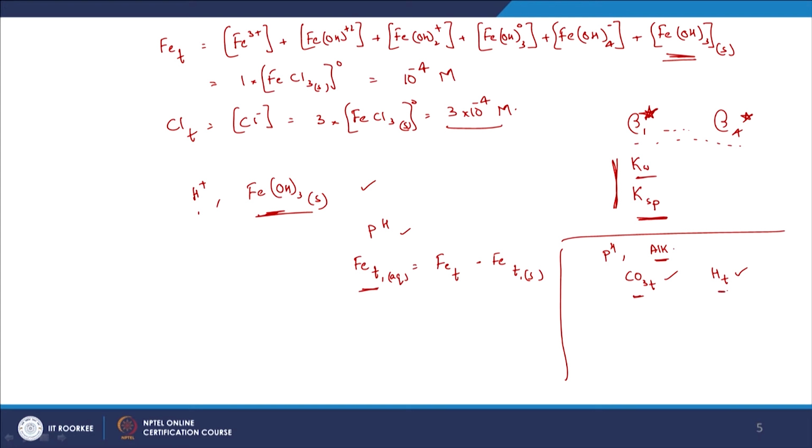Because of plugging in FeCl3 solid, we see that there is no further change in CO3 total or H total, so they are still going to be the same values that we had earlier, right. But now we are also going to have Fe total and Cl total, which we have from FeCl3 as 10 power minus 4 addition, and then we solve for the relevant variables and get the total iron concentration which has precipitated out, and also the pH, and then calculate the relevant variables from that.